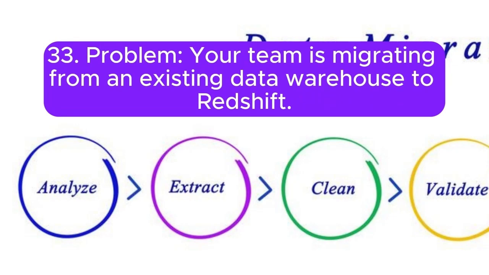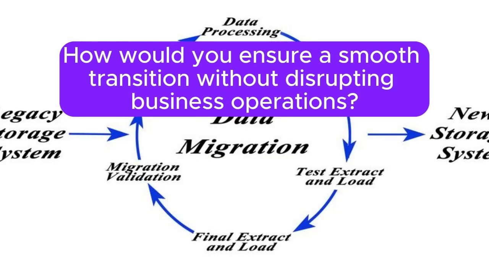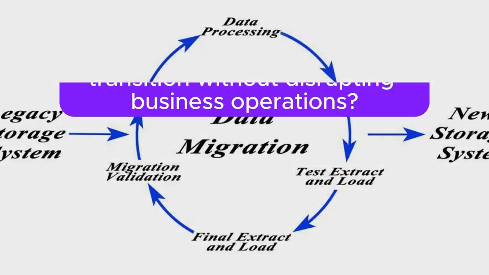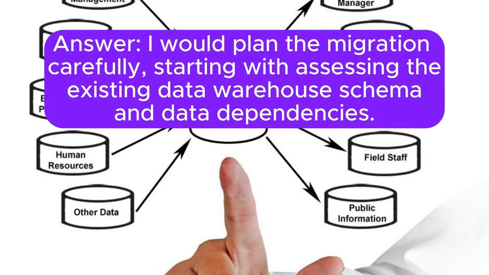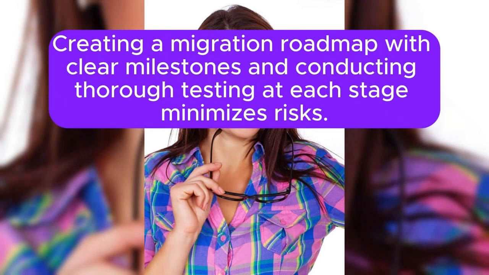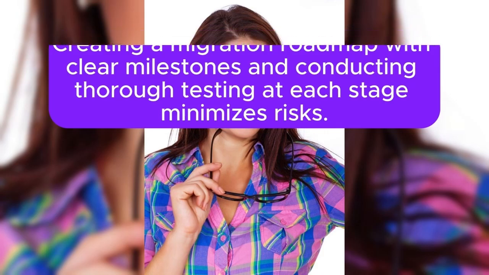33. Problem. Your team is migrating from an existing data warehouse to Redshift. How would you ensure a smooth transition without disrupting business operations? Answer. I would plan the migration carefully, starting with assessing the existing data warehouse schema and data dependencies, creating a migration roadmap with clear milestones, and conducting thorough testing at each stage to minimize risks.